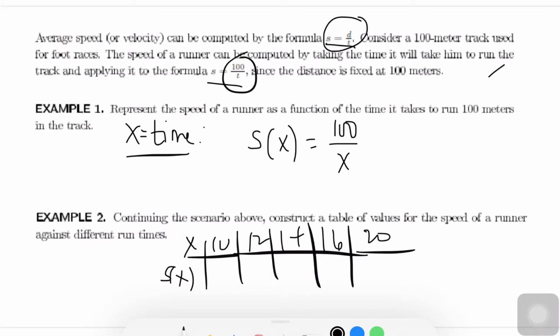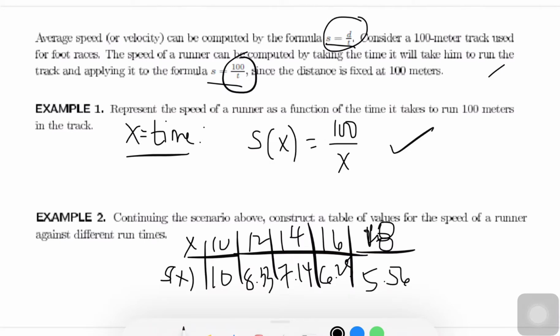So by substitution, substitute your x. 100 divided by 10, we have 10. 100 divided by 12, we have 8.33. 100 divided by 14, you have 7.14. 100 divided by 16, 6.25. 100 divided by 18, we have 5.56. Then 100 divided by 20 is 5.